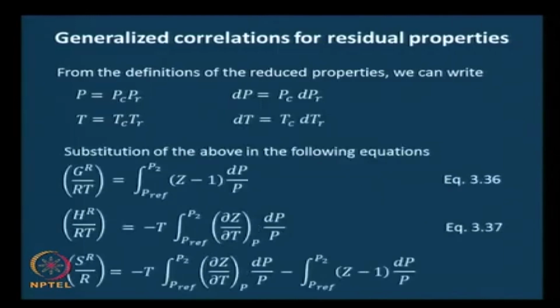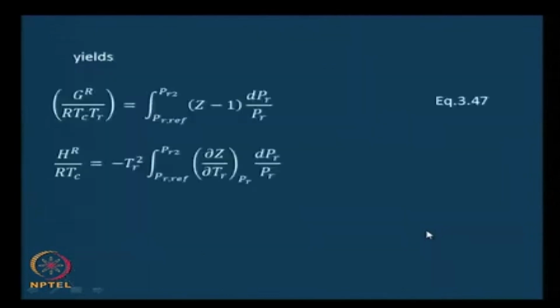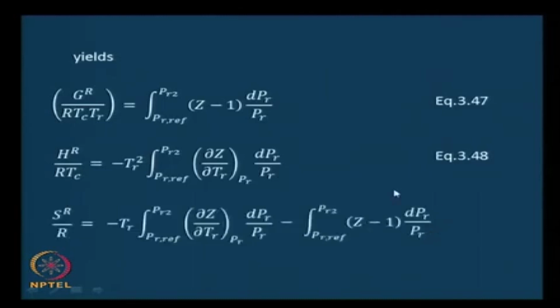Let me just present these generalized correlations. These were the correlations in terms of the actual properties, and we had substituted to get equations 347, 348 and 349 in terms of reduced properties. GR by RTc was integral of Pr reference to Pr2 (Z minus 1) dPr by Pr.